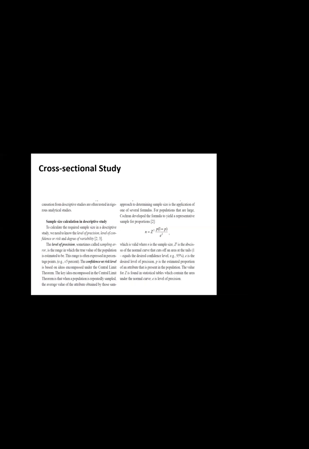The variability here is the P and the 1 minus P. If P is 0.5, 1 minus P will also give us 0.5. If P is 0.6, 1 minus P will give us 0.4. If P is 0.7, 1 minus P will give us 0.3. So if it is not known, you give maximum variability, which is 0.5 times 0.5.